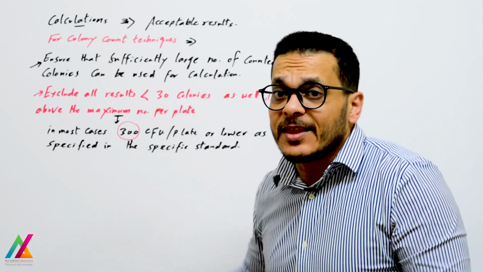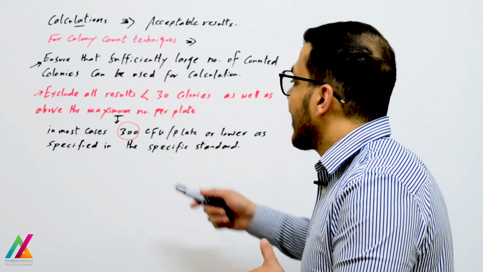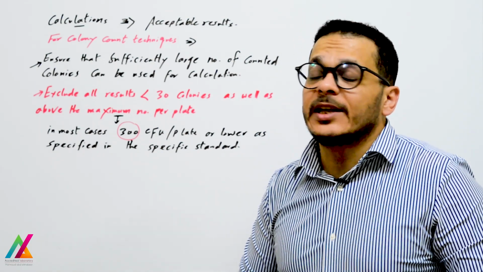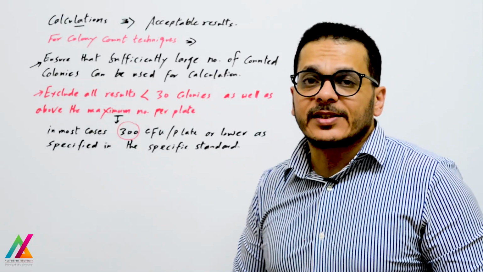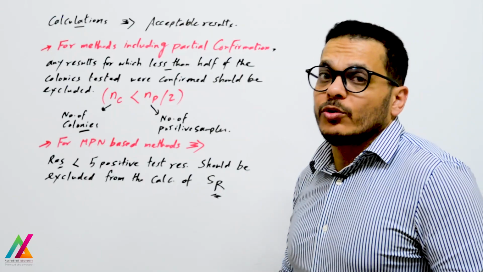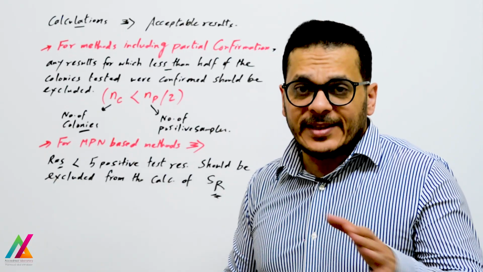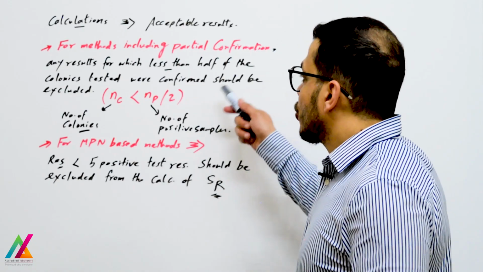So any result with fewer than 30 colonies or higher than 300 CFU per plate should be excluded in colony count techniques. For methods including partial confirmation, any results for which less than half of the colonies tested were confirmed should be excluded.